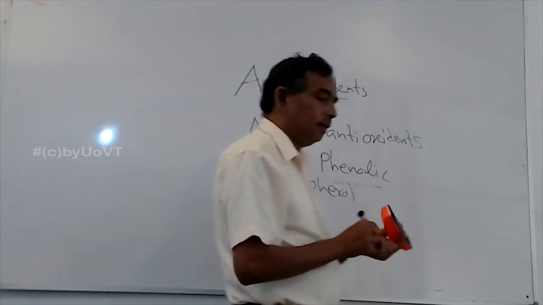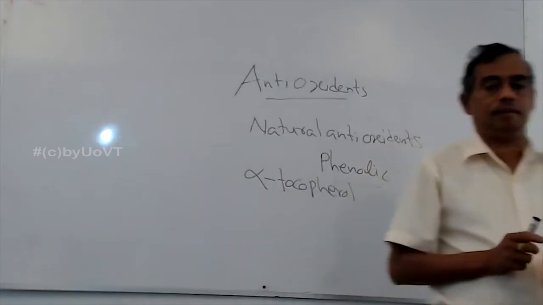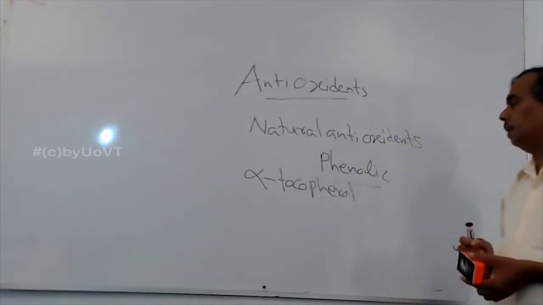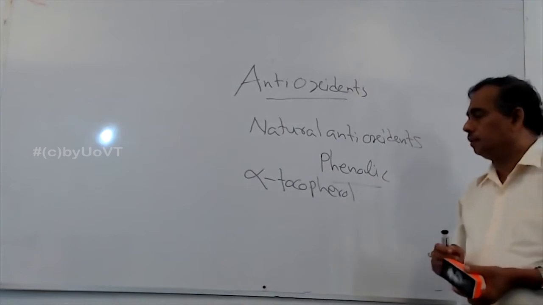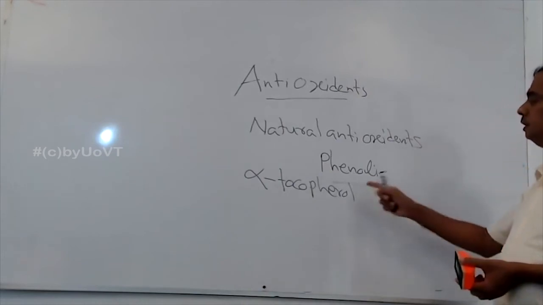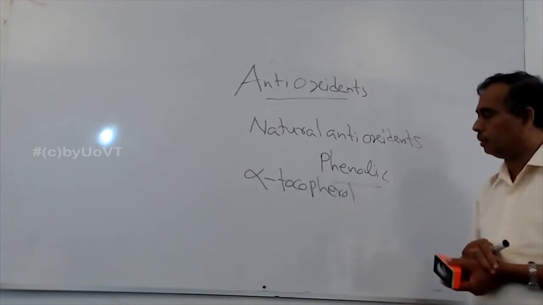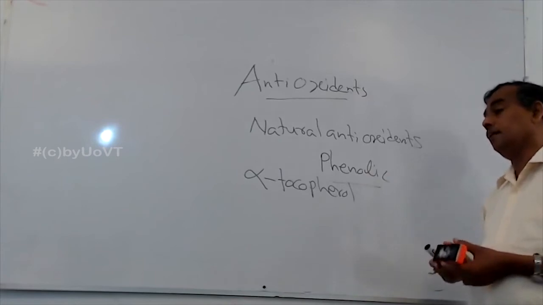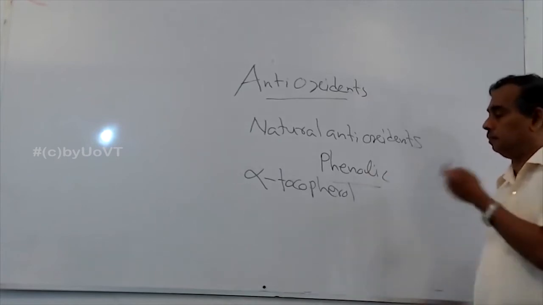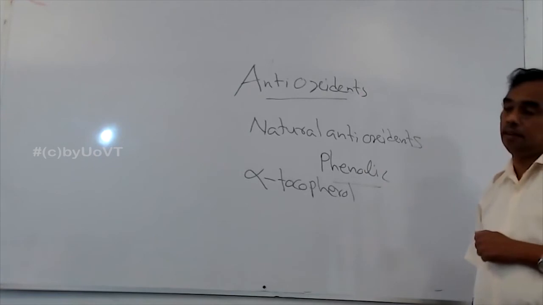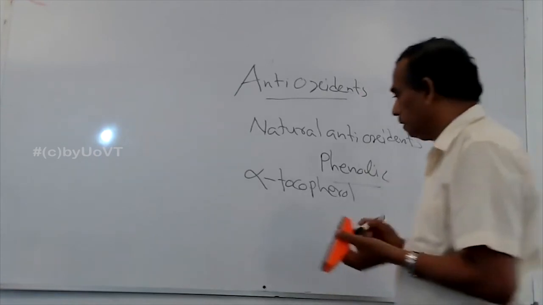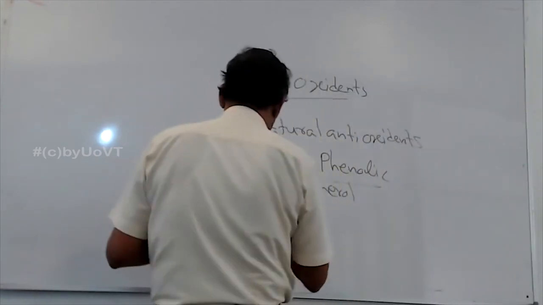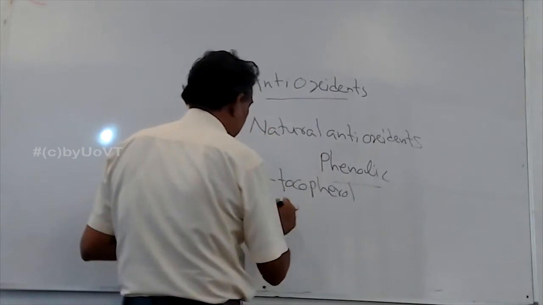Alpha tocopherol is vitamin E, and vitamin E is alpha tocopherol. This is the famous natural antioxidant available in natural systems like coconut oil. In addition to that, there are certain carotenoid compounds, like beta carotene.